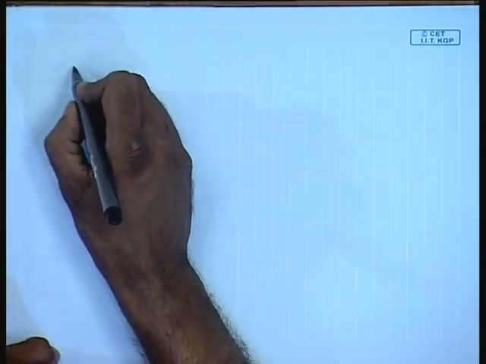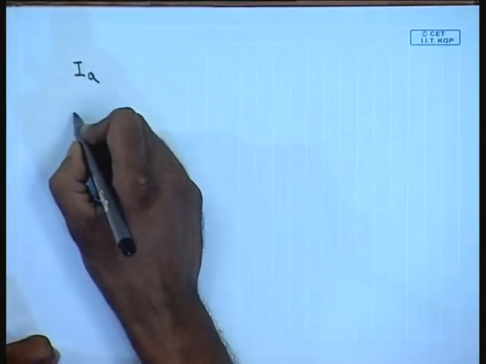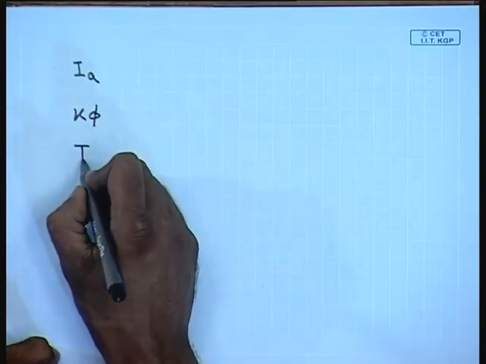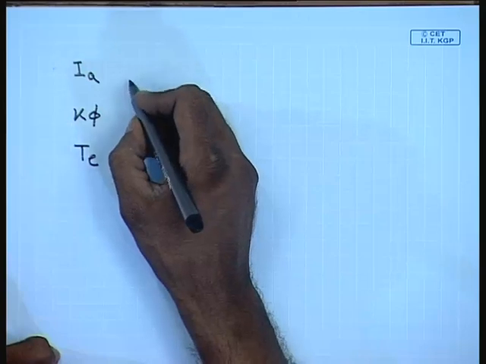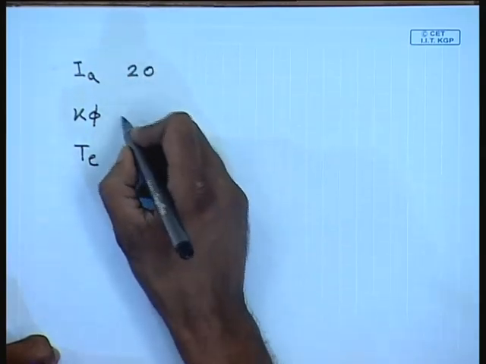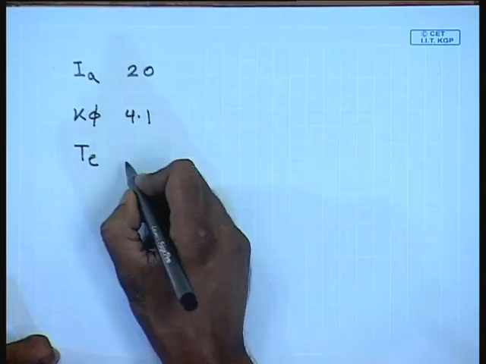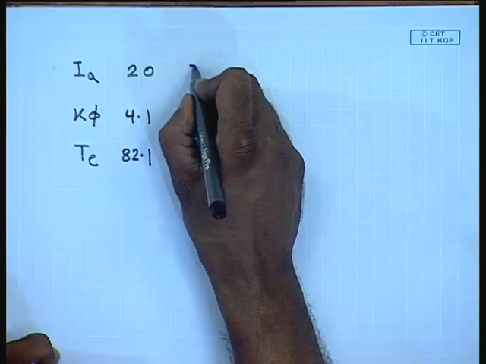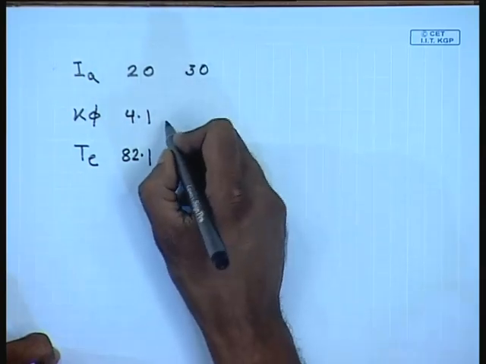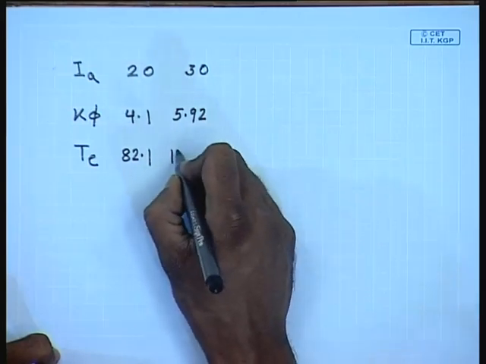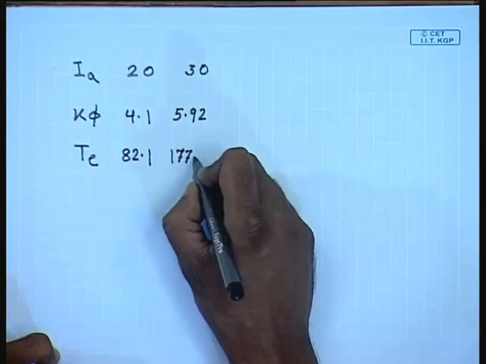So, this table can be converted to the following table, that is I A, K phi and T E. For 20 amperes of I A, K phi becomes 4.1 and T E becomes 82.1. For 30, it is 5.92, 177.63.